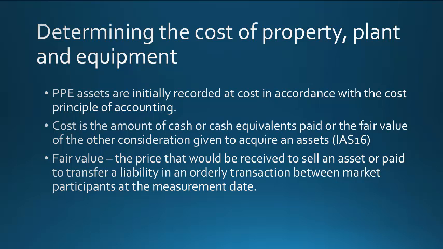We call it the fair value of that asset at that particular time, including other considerations to acquire the asset. For example, if you're buying equipment and it requires you to pay some taxes before you are able to use it, or some customs duties, as well as some installation activities to ensure that the property will be working as intended, then you have to include that as part of the cost.